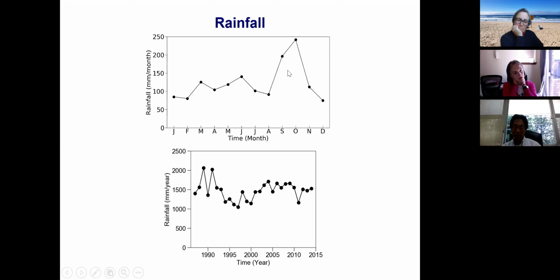As shown in the upper panel, the amount of rainfall is large from September to October due to typhoons. For the yearly average values, the values varied from 1,000 to 2,000 millimeters per year, and the average value is about 1,500 millimeters per year.